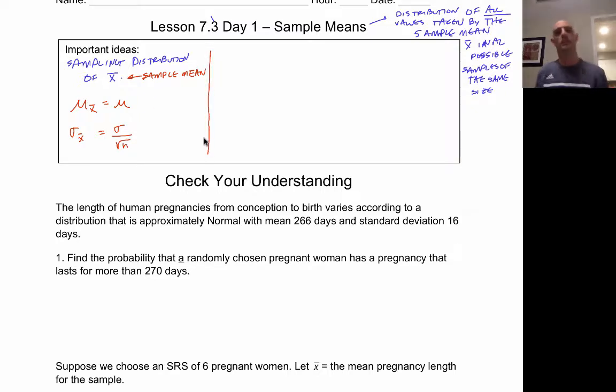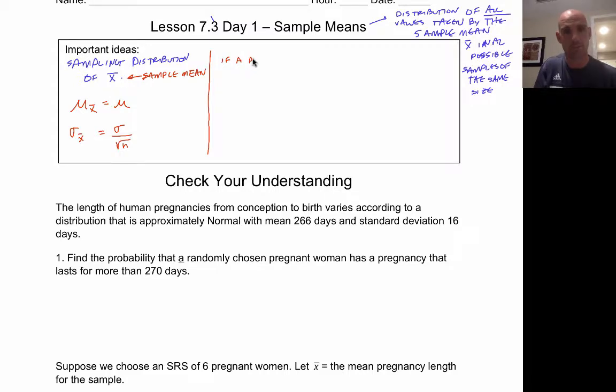And like much of this chapter, what we're concerning ourselves with is, is this normal? Because if it can be considered normal, we can use all kinds of calculators, right? We can use that table A. We can find the probability by finding the area underneath. So we're going to ask ourselves if it's approximately normal.